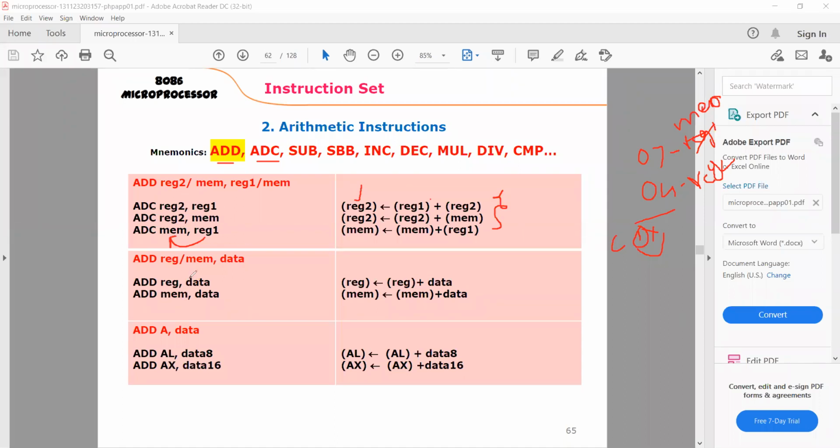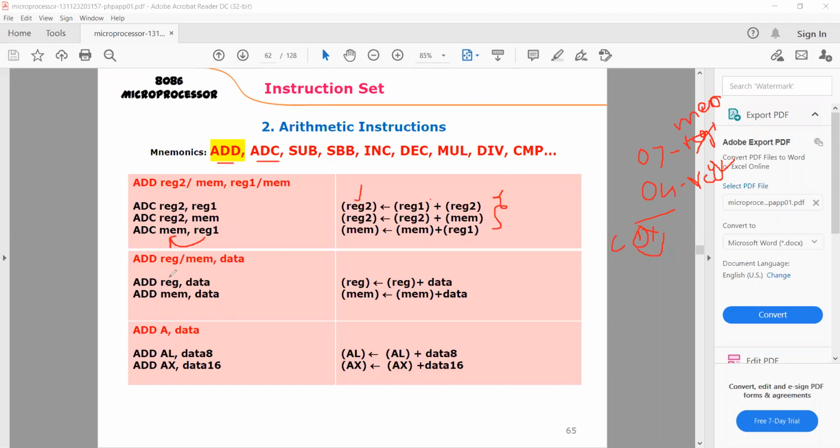Coming to the next category, the addition instruction. The addition instruction is similar to ADC, but the only difference, as I told you, is that the carry obtained in the addition operation will be neglected. That is what exactly happens here.